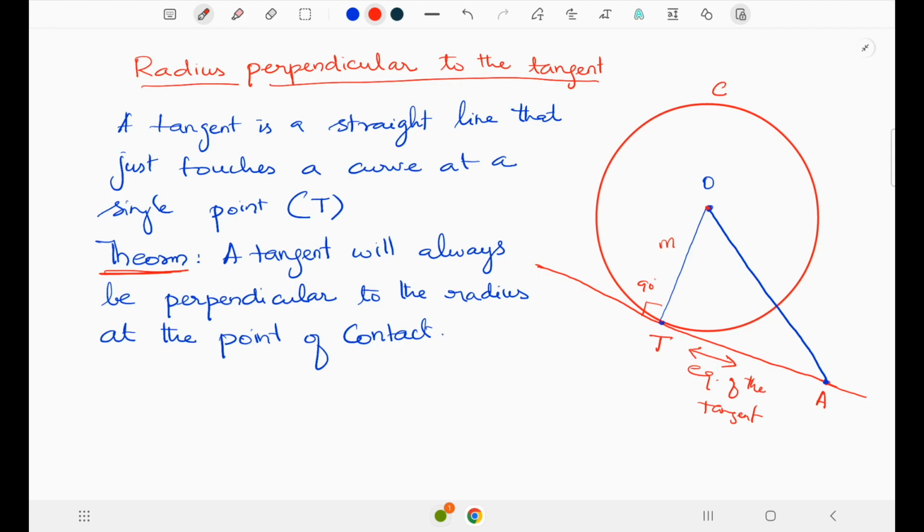Okay. So in this case, once we find the gradient, we obviously can find the gradient of the perpendicular line. Suppose m is the gradient of any line, and if a line is perpendicular to this, then the gradient of the perpendicular line will be minus 1 by m. Already we have seen.